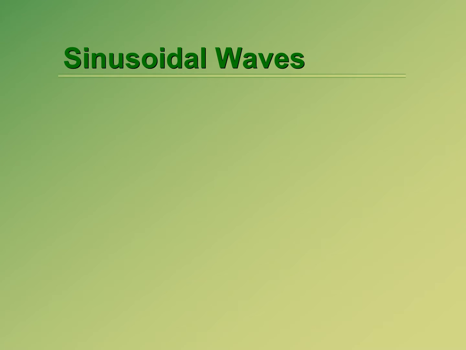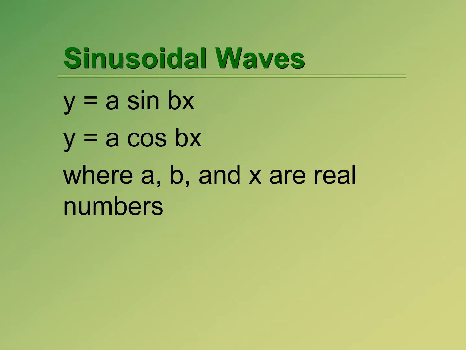The sine waves and the cosine waves, the sine function and the cosine function, they look like waves. And we actually call these sinusoidal waves. So in general, the sine function is going to be y equals a sine bx, and the cosine function is going to be y equals a cosine bx, where a, b, and x have to be real numbers.